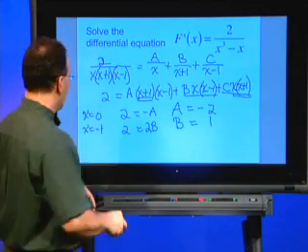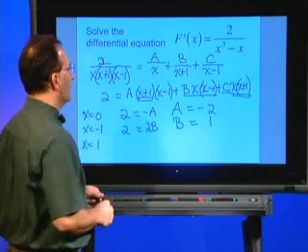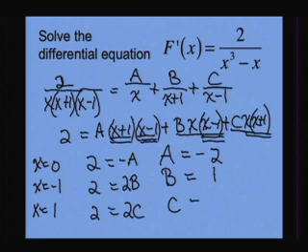And now let's set x equal to positive 1. That would eliminate a because this would be 0, and it will eliminate b because this will be 0, and it will leave us with 2 equals, well, 1 plus 1 is 2, so 2c, and I get that c has to equal 1.